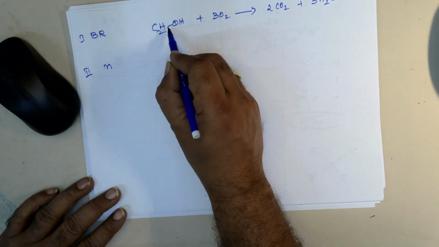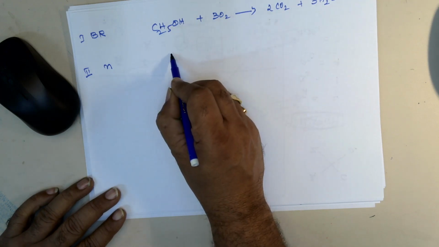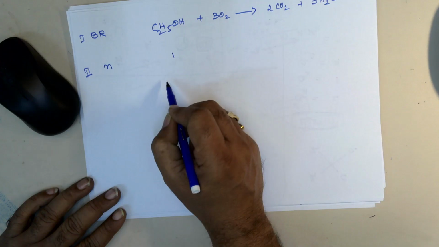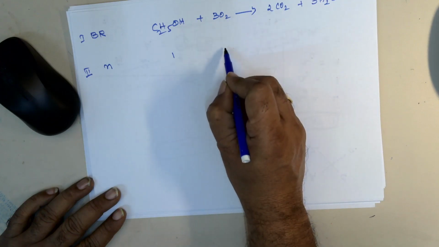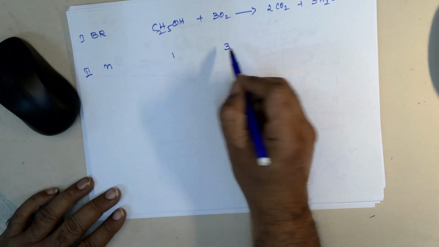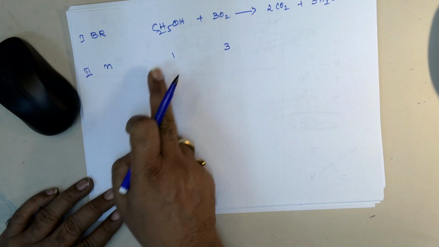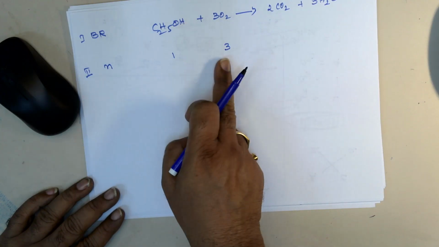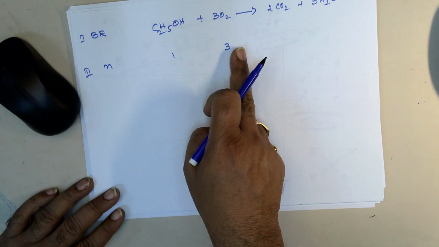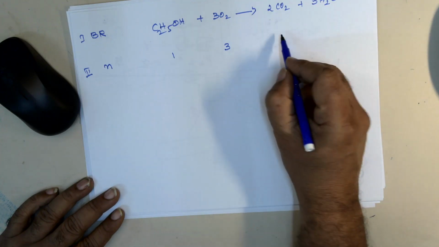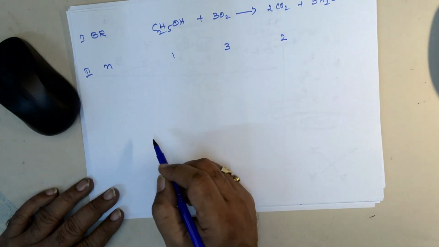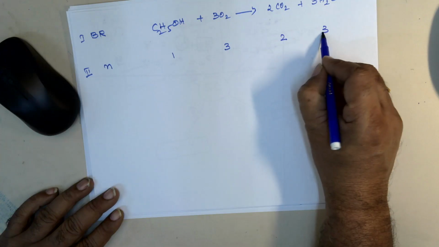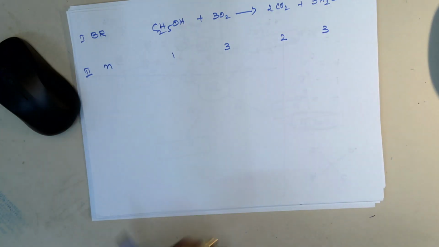How many moles of ethanol? One. Here, how many moles of oxygen? Three. So what does it indicate? 1 mole of ethanol is burned in 3 moles of oxygen to give 2 moles of carbon dioxide and 3 moles of water. Got it?